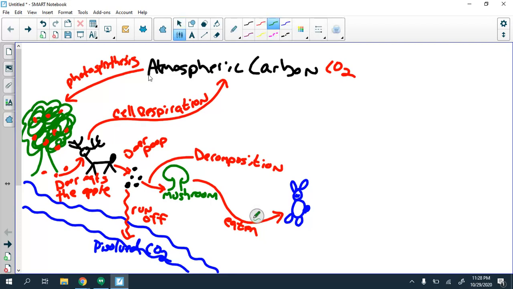We're going to put some trees up here. Just a couple more.